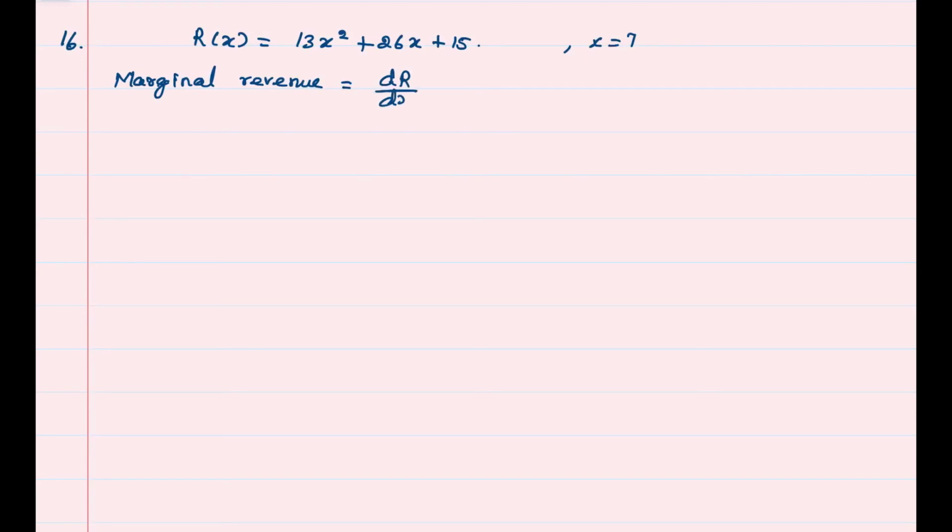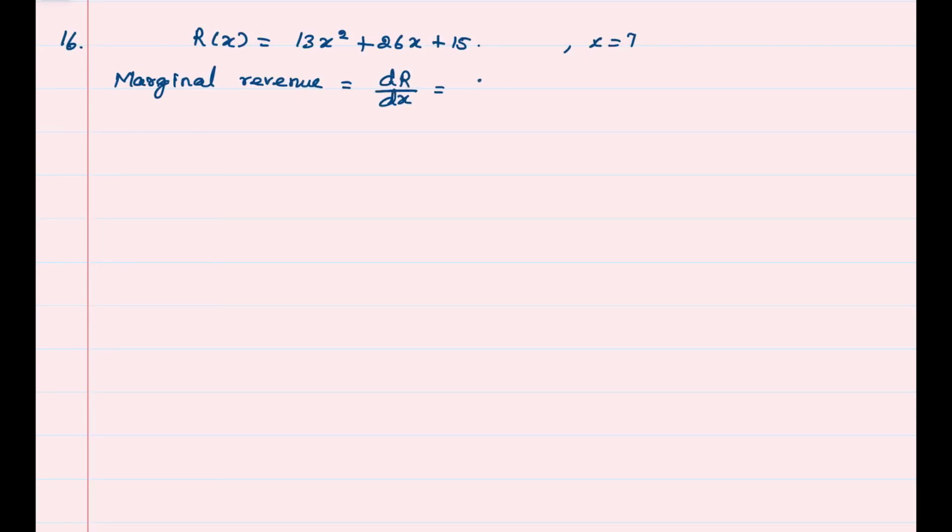Question 16. The total revenue in rupees received from the sale of x units of a product is given by R of x is equal to 13x square plus 26x plus 15. Find the marginal revenue when x is 7. We know that the marginal revenue is dR by dx.